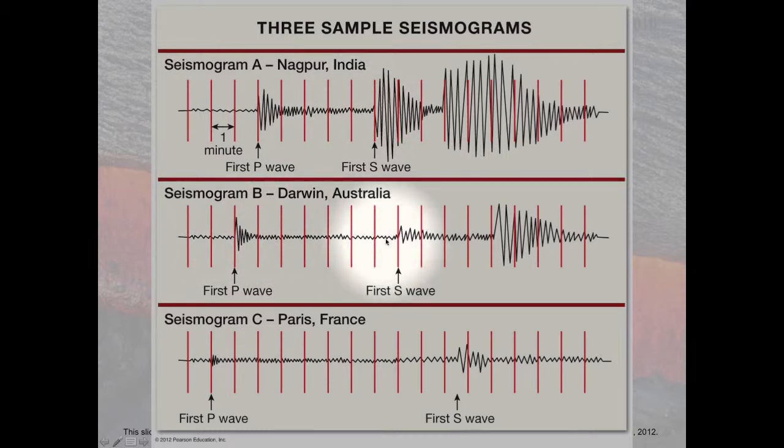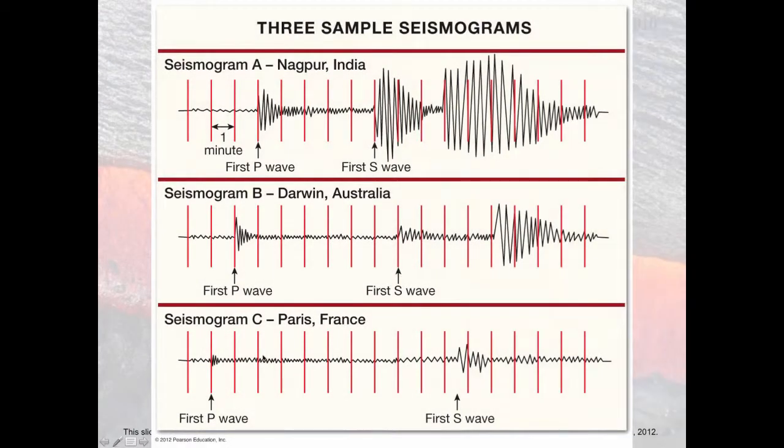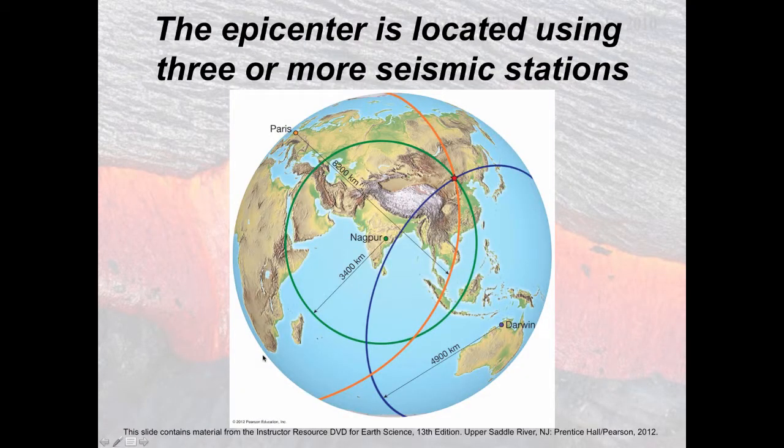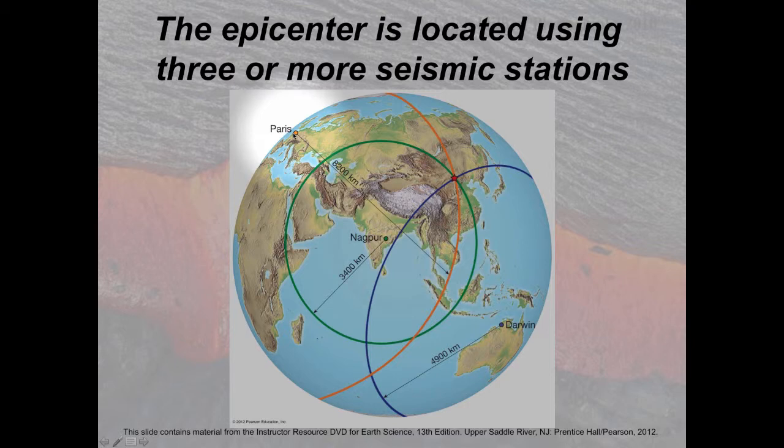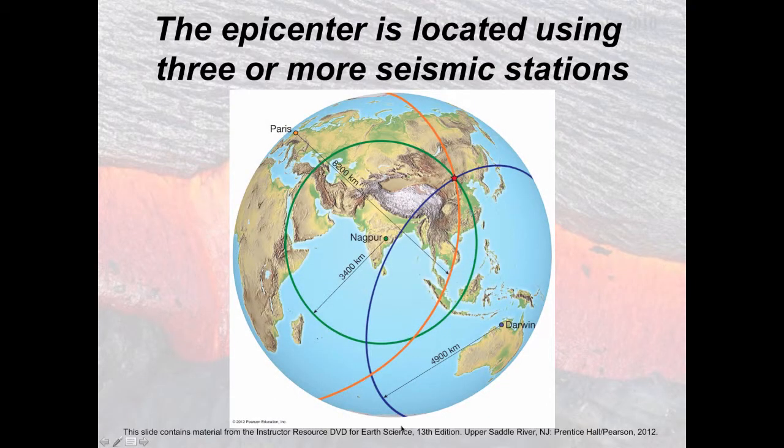The Darwin station, using the travel time curves, was 4,900 kilometers, and Paris, France was 8,200 kilometers. If you find that location, Paris here, and you draw a circle of 8,200 kilometer radius around the entire Earth, that circle is right there.